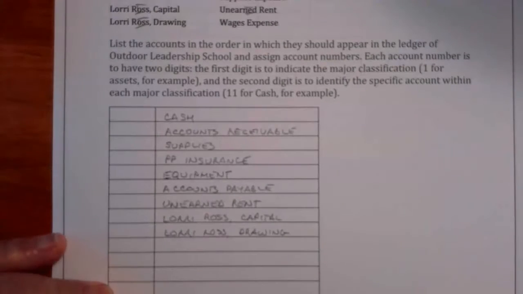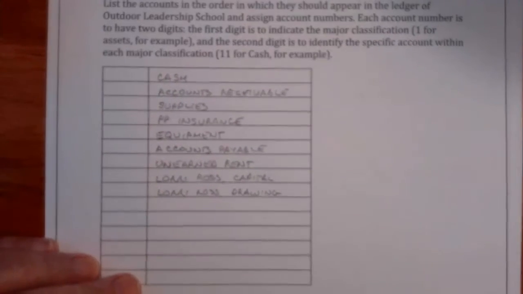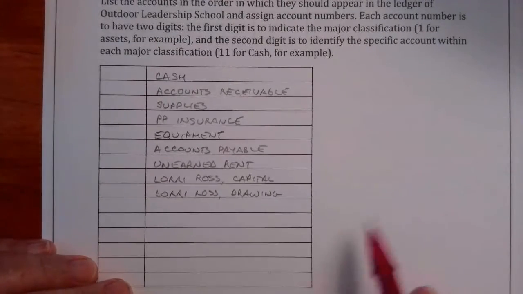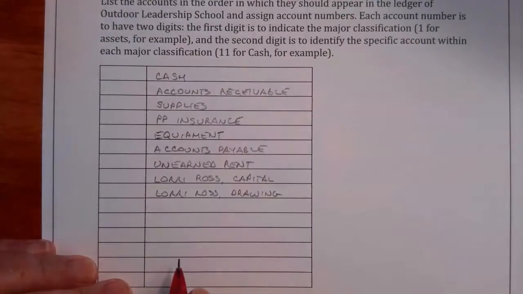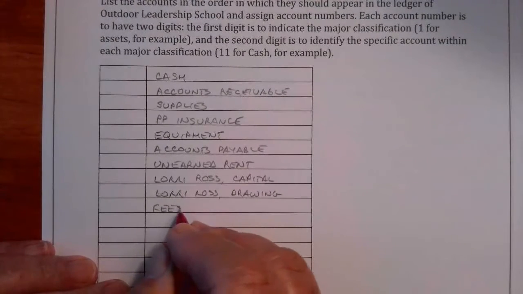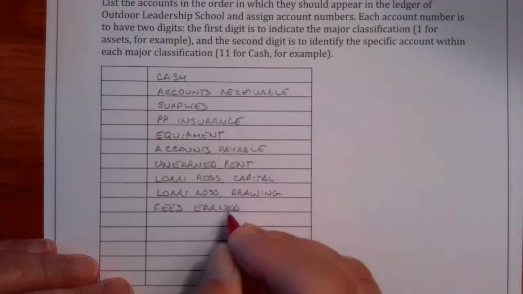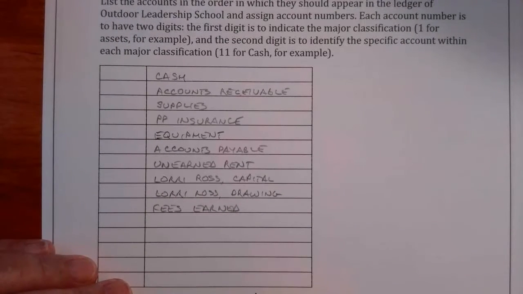Now we're finished with the balance sheet and we can start looking for some revenue. The first revenue account we have is fees earned. So fees earned. That would be revenue. And then we can do our expenses.